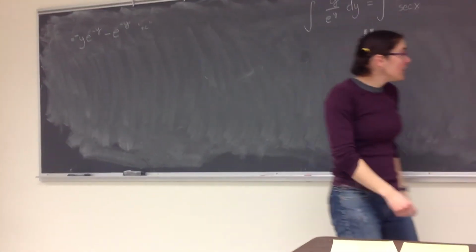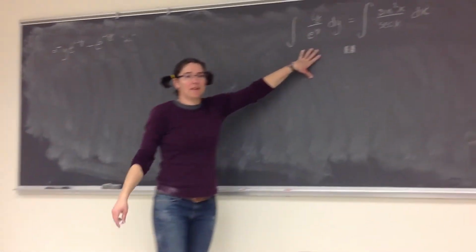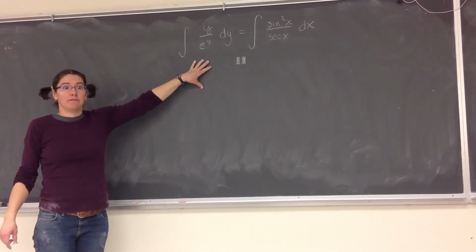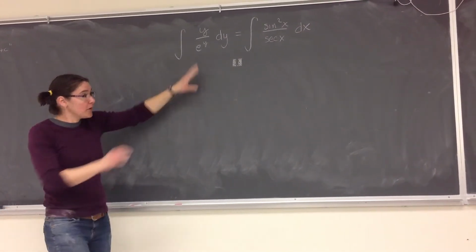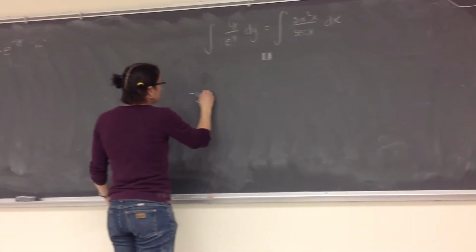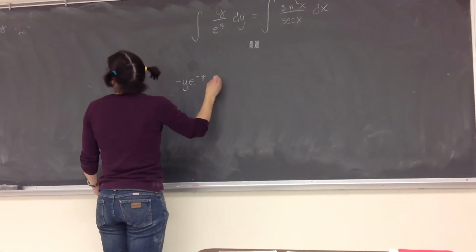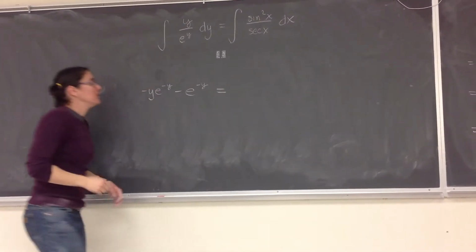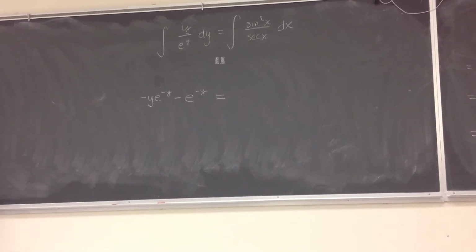Okay, so we have just evaluated the left-hand side of this expression. Are there any questions about that part? Okay, so I'm going to go ahead and write that part down. We have negative y e to the negative y minus e to the negative y is equal to, and now we've got to work on the right-hand side.